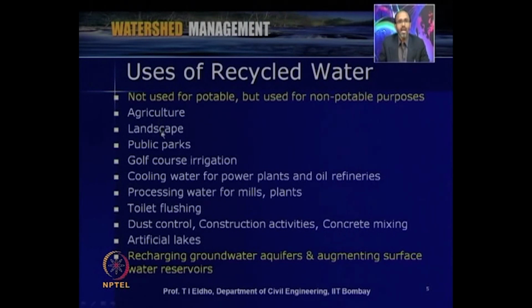So, agriculture, landscape, public parks, golf course irrigation, cooling water for power plants and oil refineries, then processing water for mills and plants. The recycled water can be used for toilet flushing, for dust control, construction activities, concrete mixing, and we can have artificial lakes by using the recycled water.